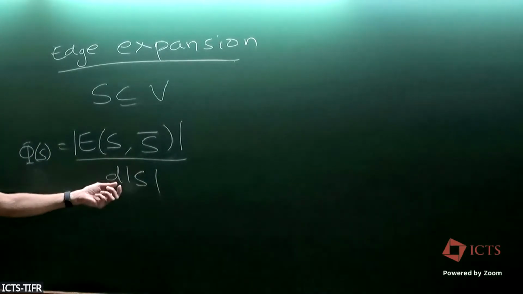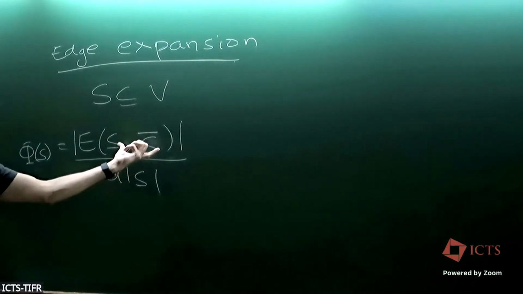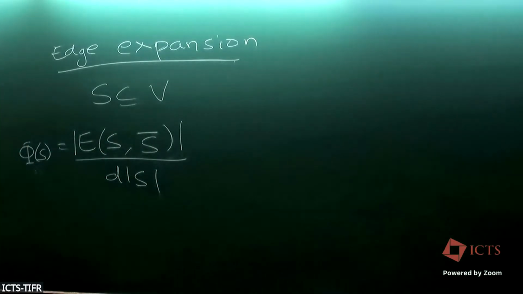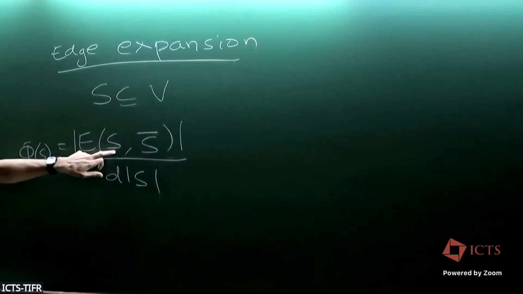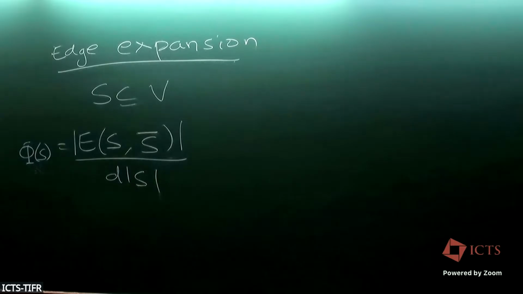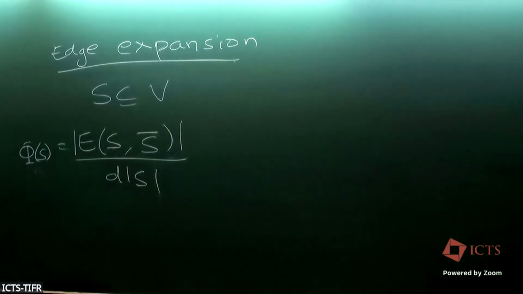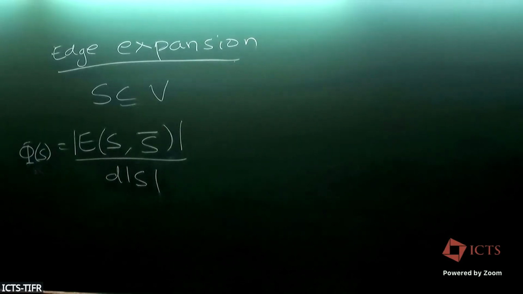So every vertex in set S has degree d, so the denominator is the total number of edges incident on any vertex. This is my notation for edges which cross from S to S complement. So if I have some set here, this is just measuring how well connected it is to the rest of the graph.